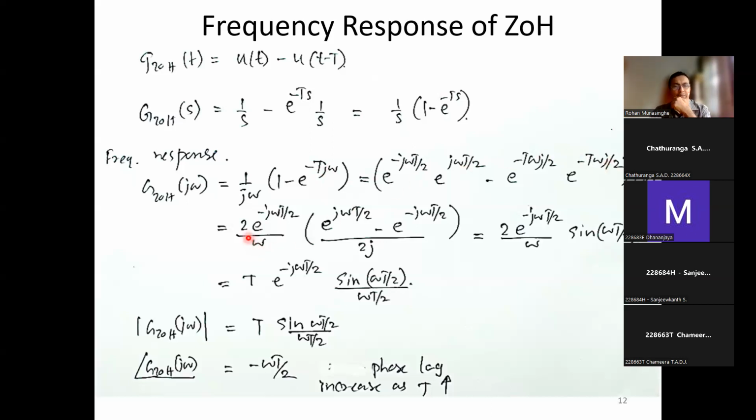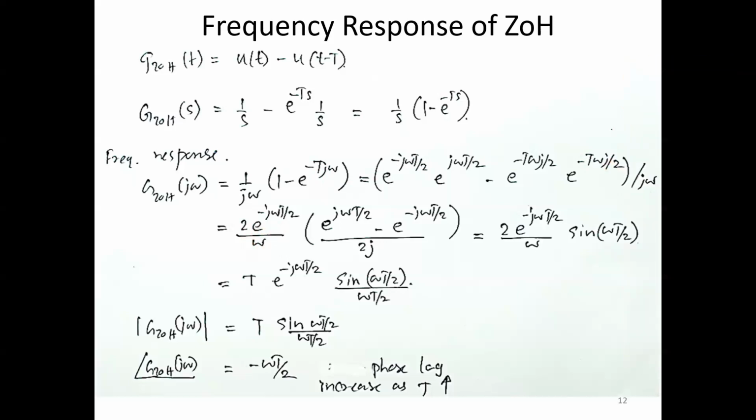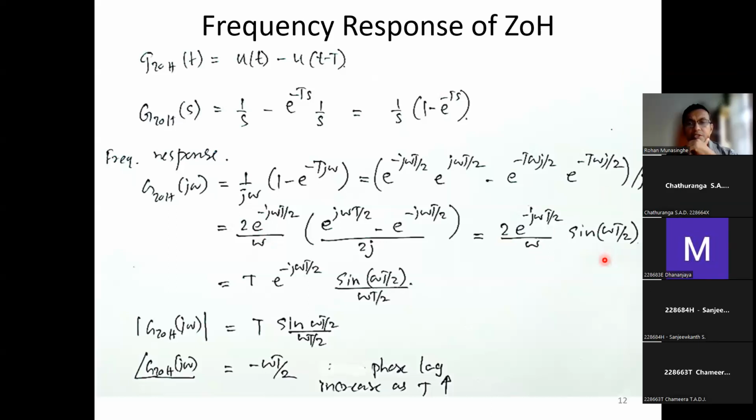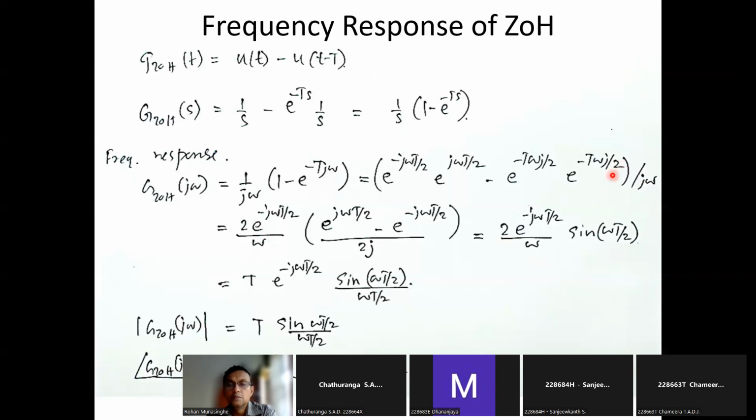So after that, you just simplify this one to e to the j omega T by 2 over omega. And you can see here the sine of omega T by 2, because you know e to the j theta minus e to the minus j theta over 2j is sine.